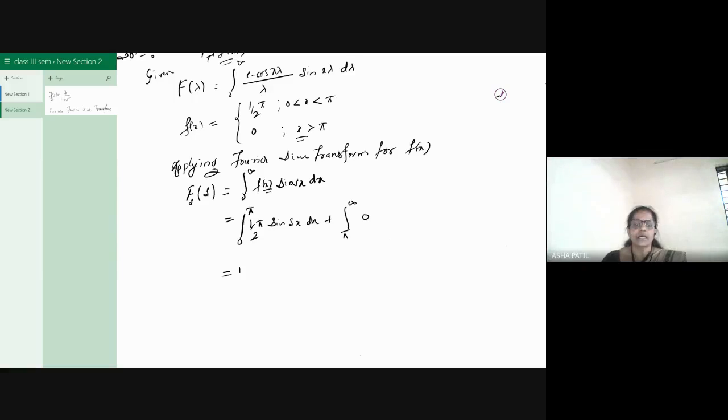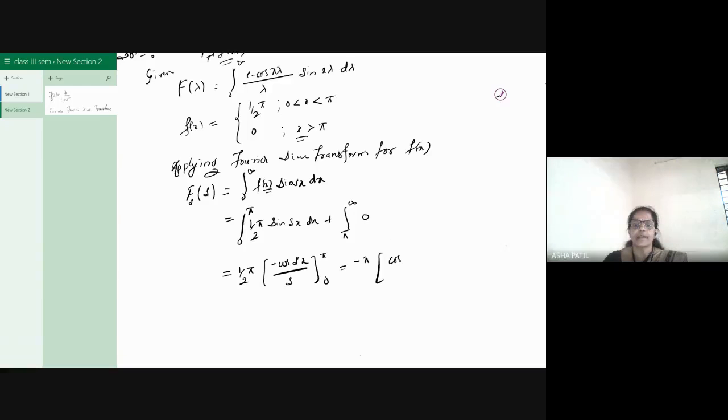Let us integrate this. 1 by 2 pi is constant. Integration of sin sx is minus cos sx by s, with limits from 0 to pi. Now if you substitute the limits, keep the minus outside, and s can also be kept outside as a constant.